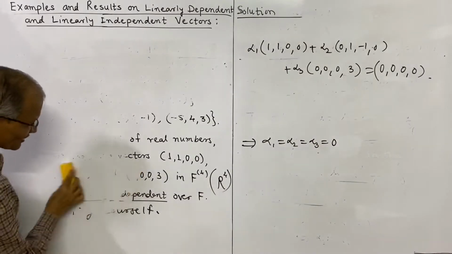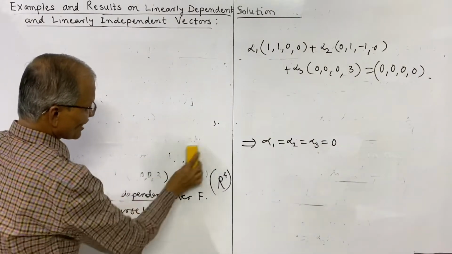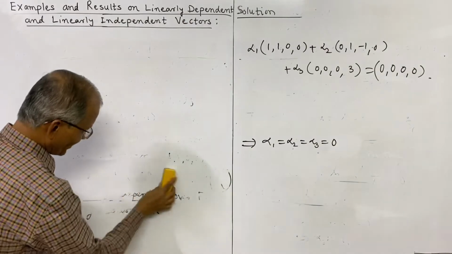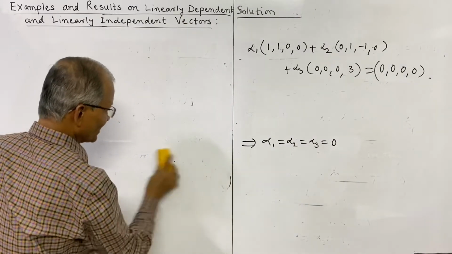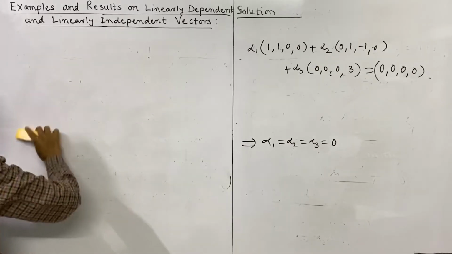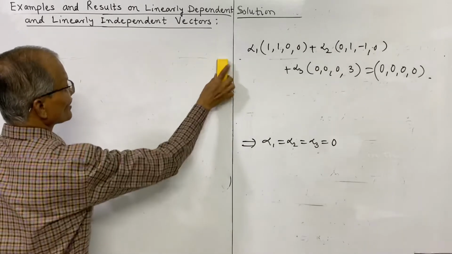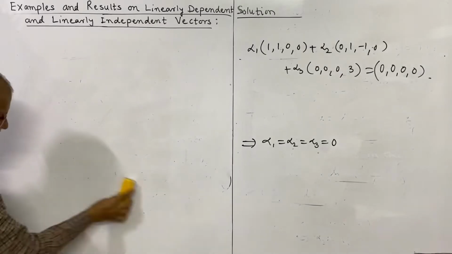Now we shall consider some results on linearly dependent and independent vectors. We will first write a lemma, and this is lemma number 4 in serial order.